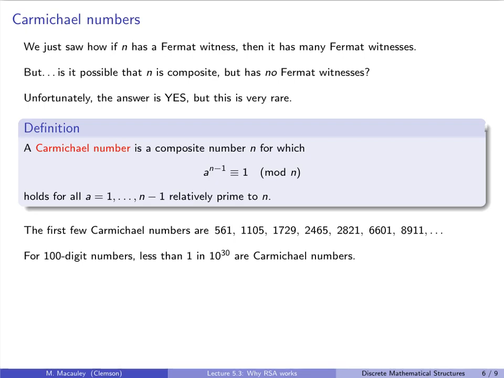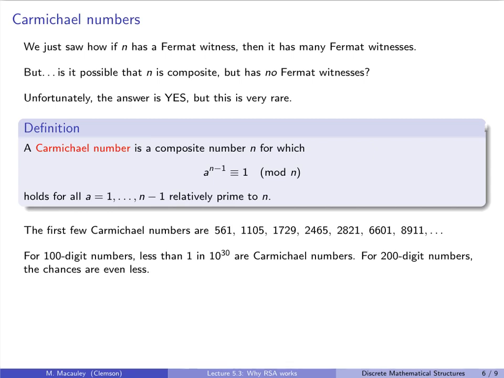And to get to 10 to the 30, I think it's been estimated that the number of bacterial cells on Earth is in that range. So you're basically not going to get a Carmichael number by accident. I don't care how many millions of people in the world are doing RSA transactions and signing into websites. It's not going to happen.